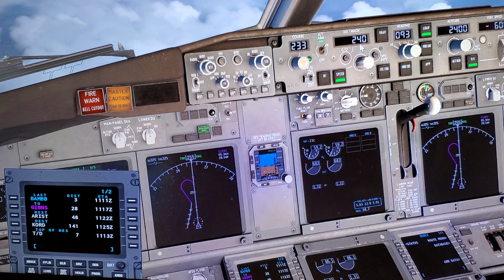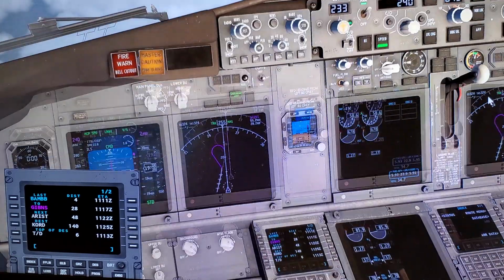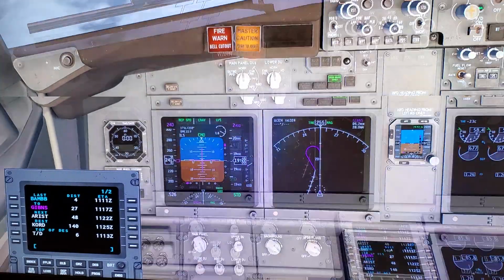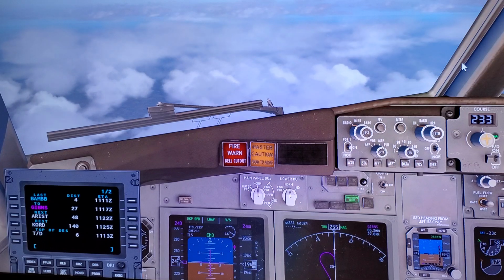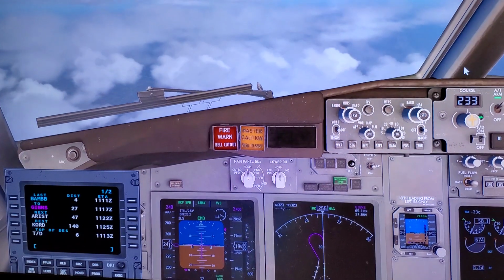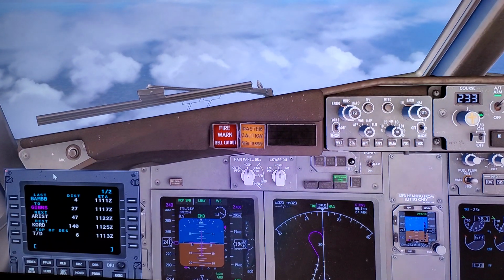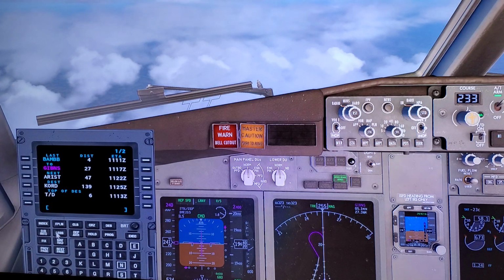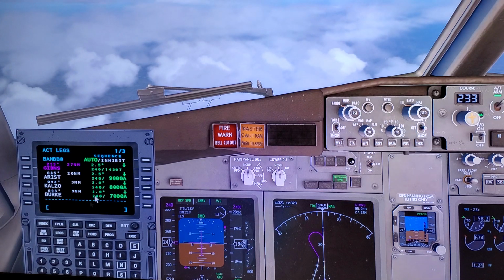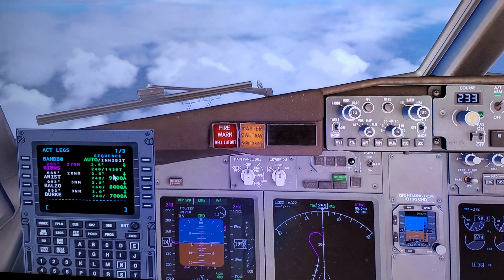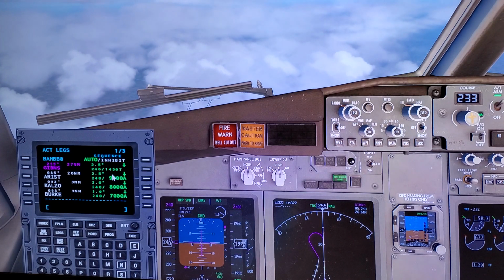Basically, if I was at 240, I'm going to be at about 800. Since I started the descent, I go to the legs. I should be at 14,000 actually.